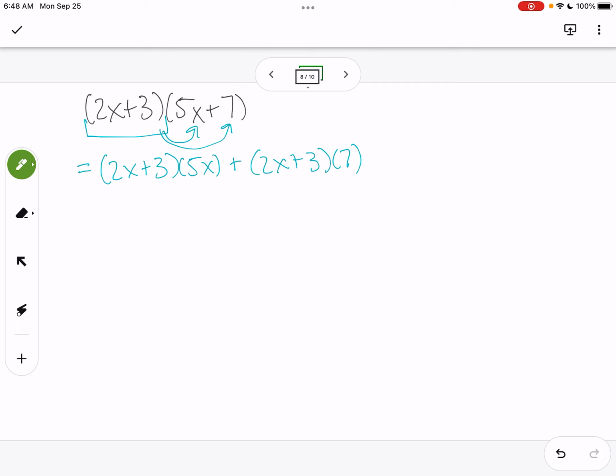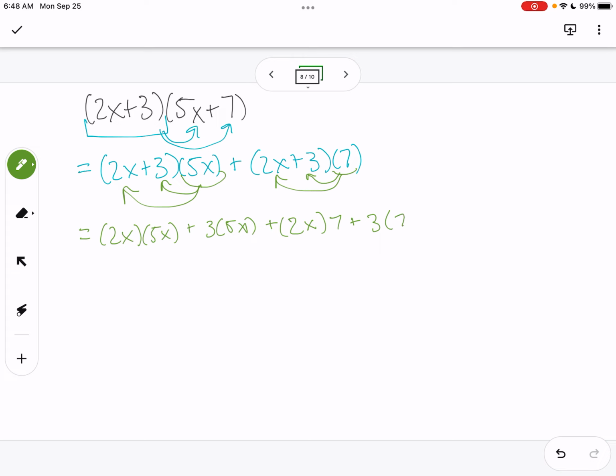Now we can distribute the 5x into the 2x and into the 3. And we can distribute the 7 into the 2x and into the 3. So we have 2x times 5x plus 3 times 5x plus 2x times 7 plus 3 times 7.